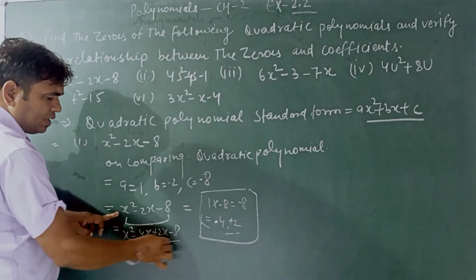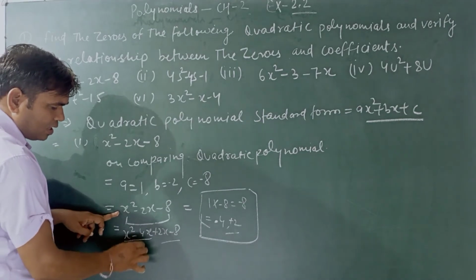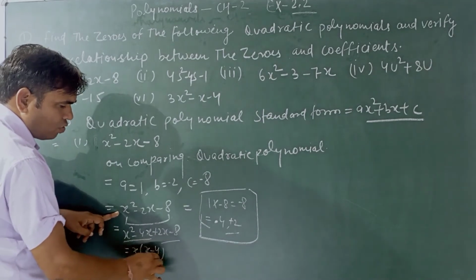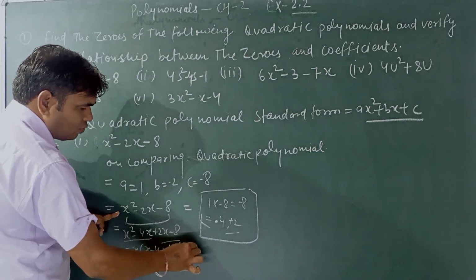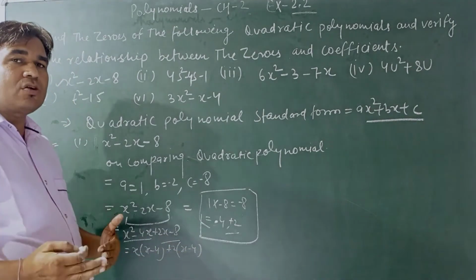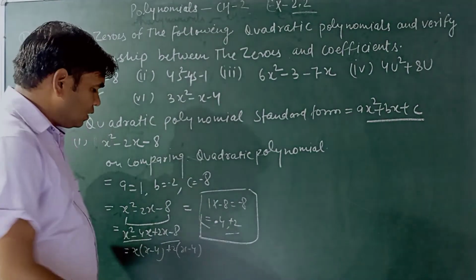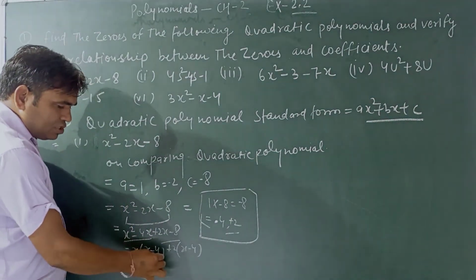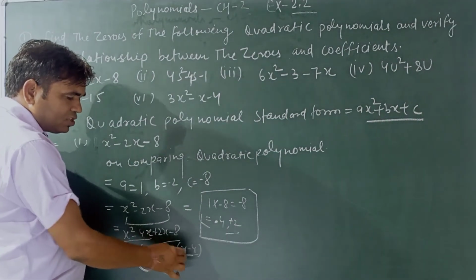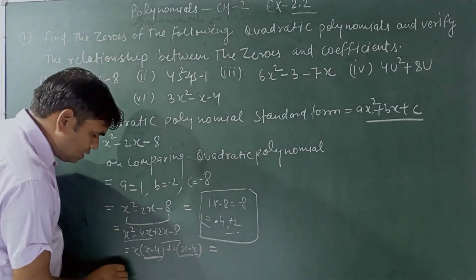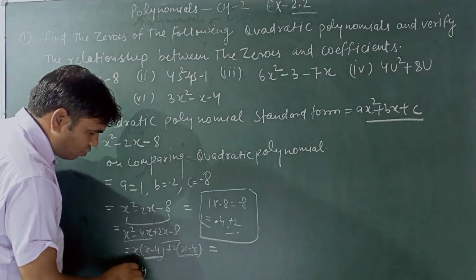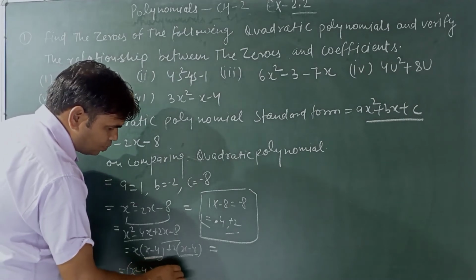Taking common factors, we get x into (x minus 4) plus 2 into (x minus 4). Then we take the common factor and write (x minus 4)(x plus 2).